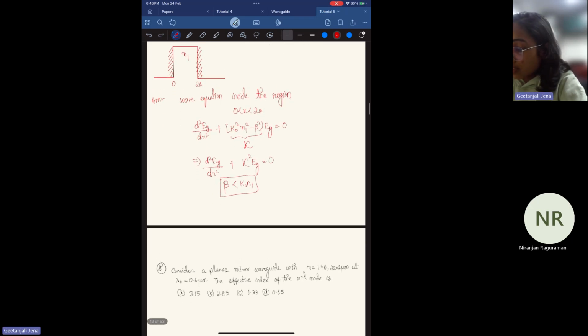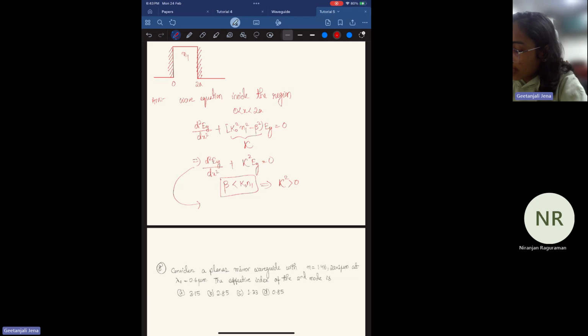But here the cladding layer itself is a metal, so it is totally reflecting. That means the field outside this core region is itself zero. Okay, so this implies kappa squared is greater than 0.